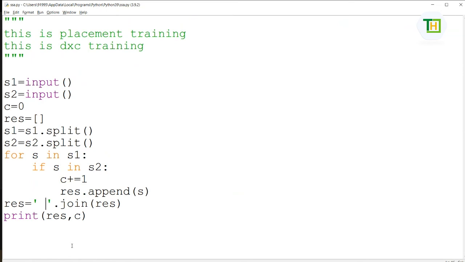Clear everyone? What is the input? For example, this is placement training. First of all, s is a word. Is this word in s2? Yes.